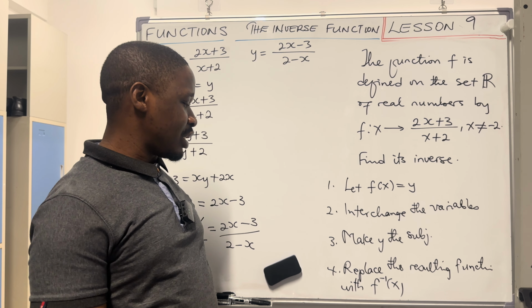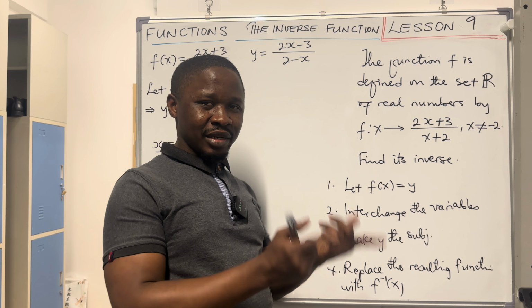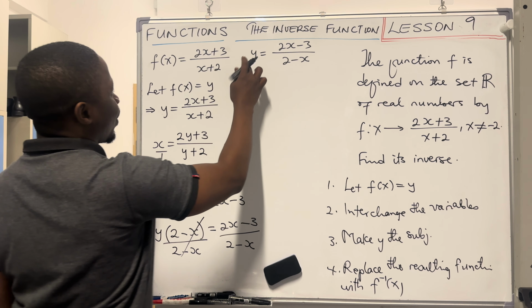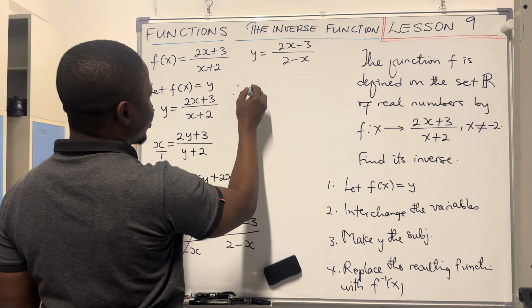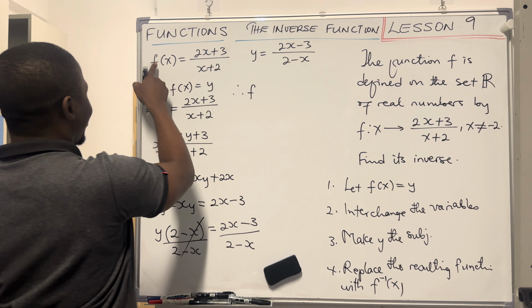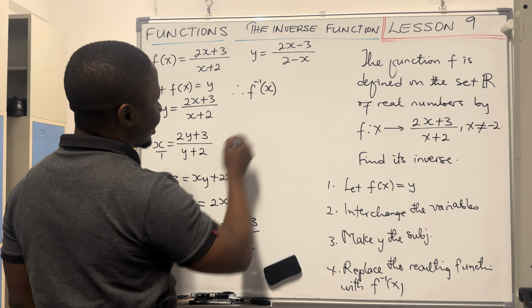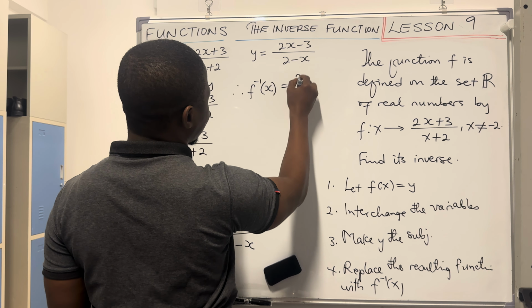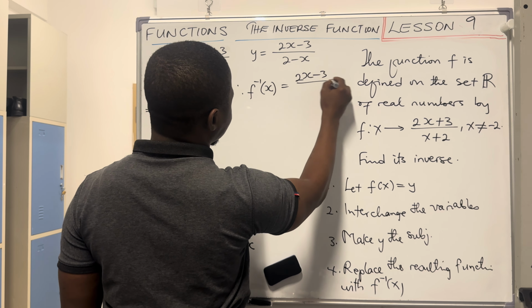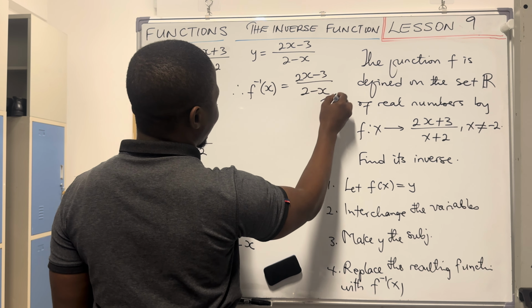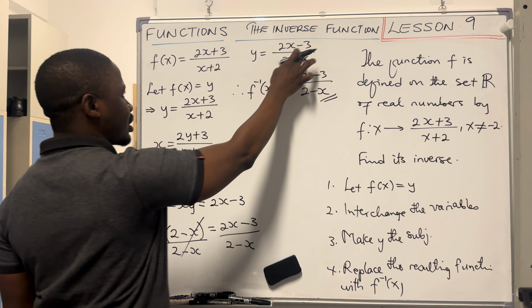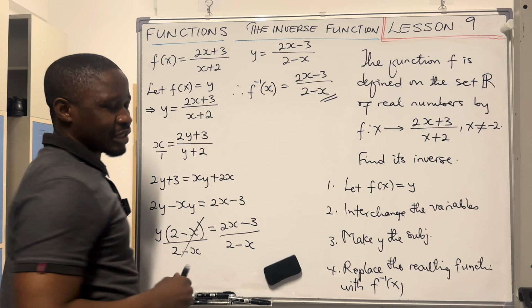If it is labeled g, you say g raised to minus 1, then x. So now, instead of y, we say f raised to minus 1 of x equals 2x minus 3 over 2 minus x. Why must we include x? Because the resulting function is in x.